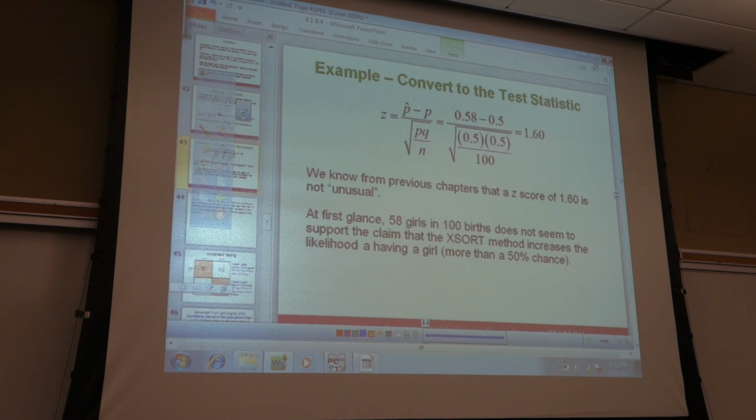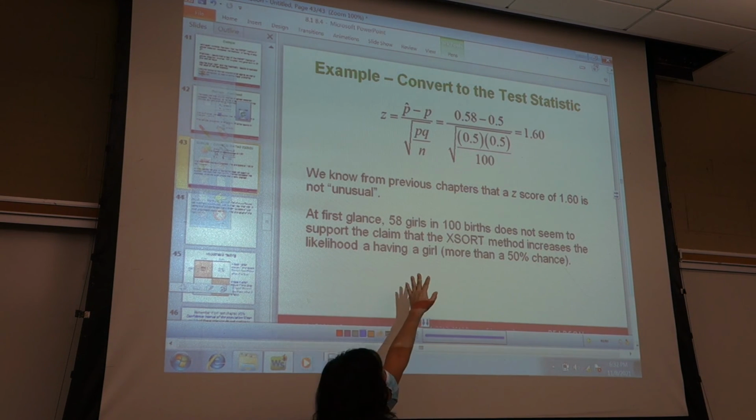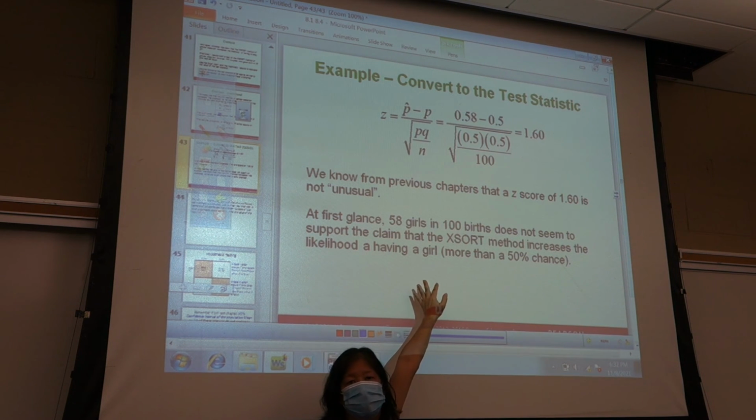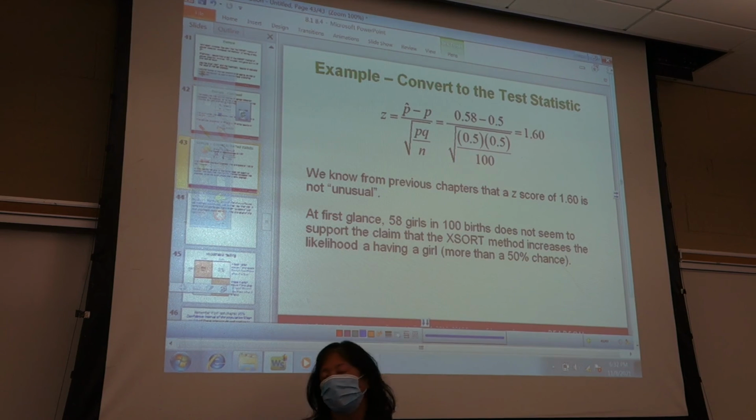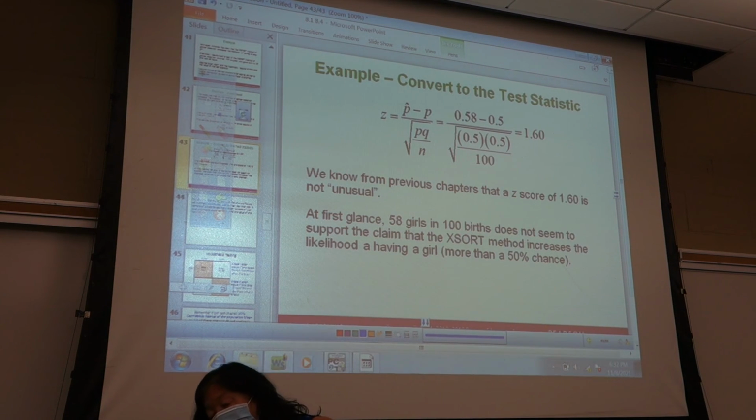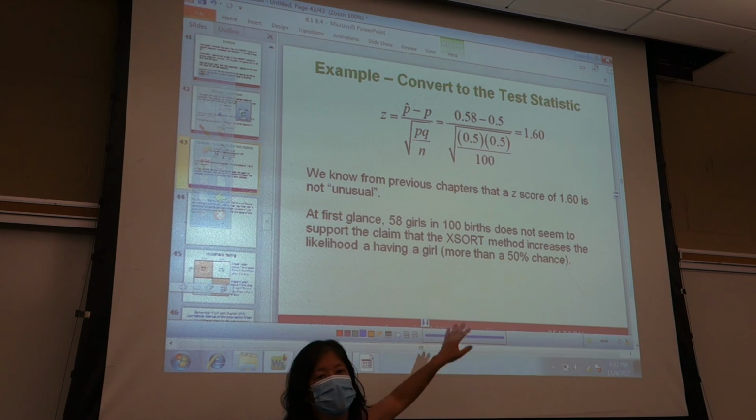And remember, we know unusual is right around 2 standard deviations. Everyone with me, kind of? Yes. So this is definitely not unusual. It's well within 2 standard deviations. So not unusual. Maybe it helps you out, but we can't say conclusively.